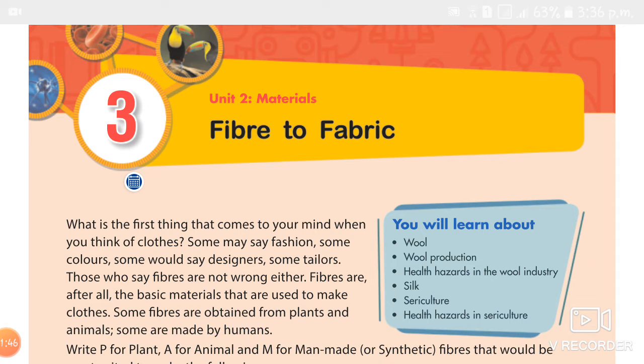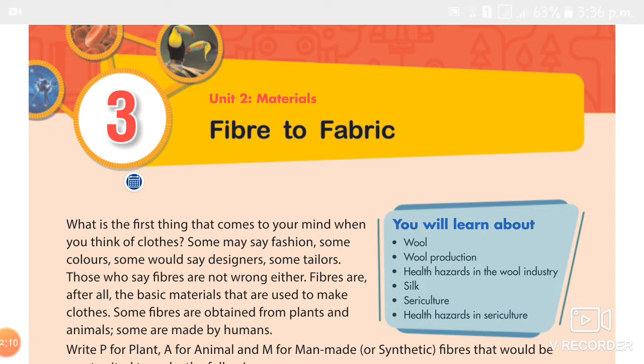Fibers are the basic material that is used to make clothes. Some fibers are obtained from plants and animals, and some are made by humans. The fabric is woven from yarns, and yarns are spun from fibers.